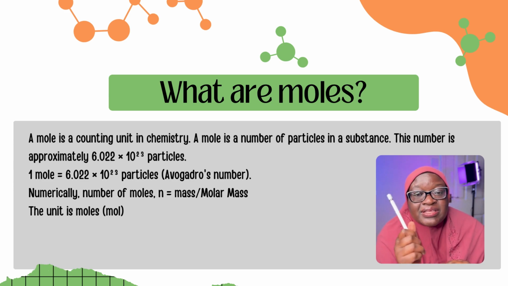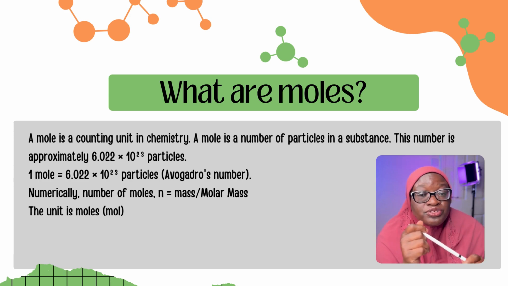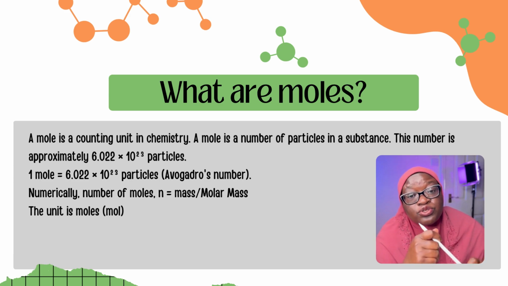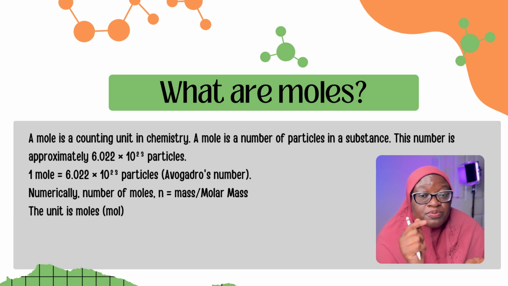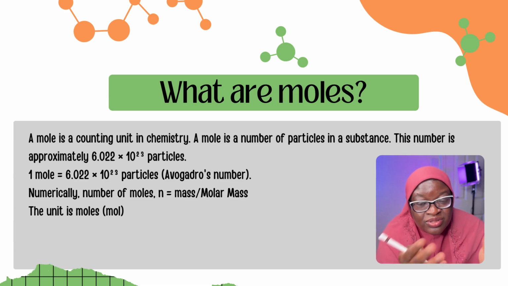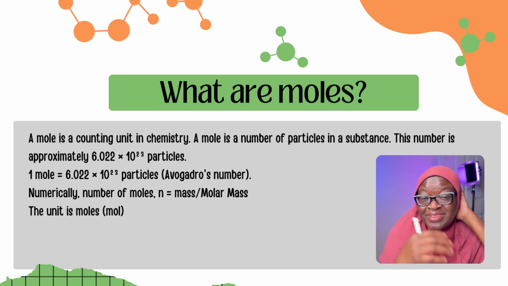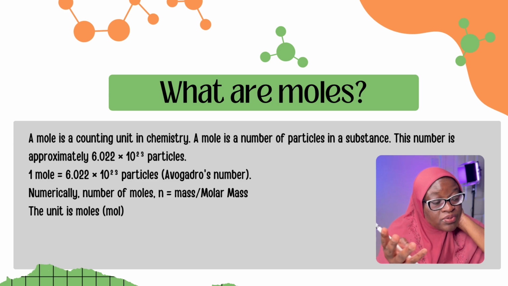And this number is approximately the Avogadro's number, that is 6.022 times 10 raised to the power of 23. So 1 mole of an element will contain 6.022 times 10 raised to power 23 particles. 1 molecule will have that number of particles. Ions, 1 mole of a particular ion will have Avogadro's number of particles in there.